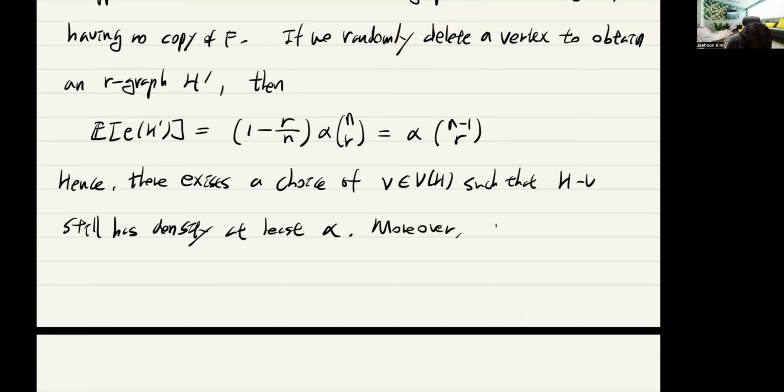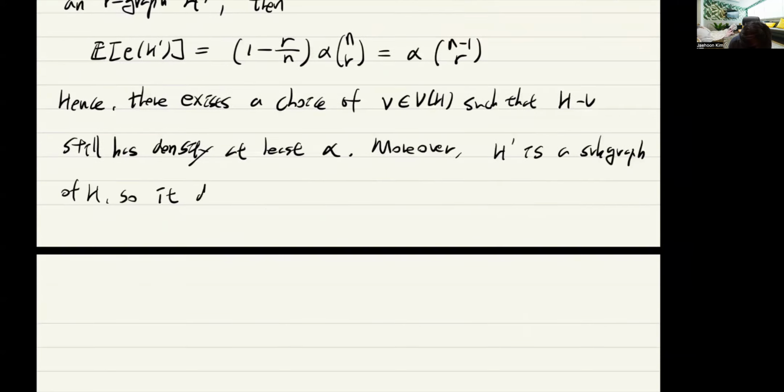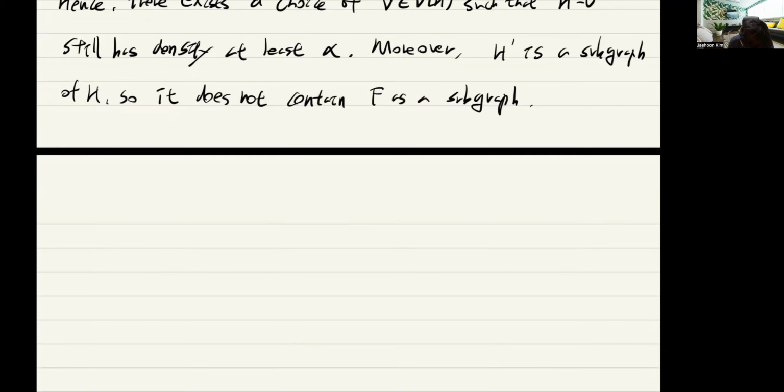Moreover, H prime is a subgraph of H, so it does not contain F as a subgraph. So what does it mean?